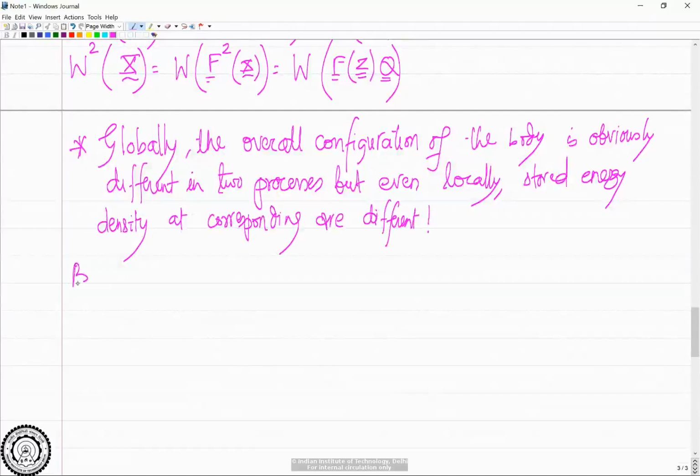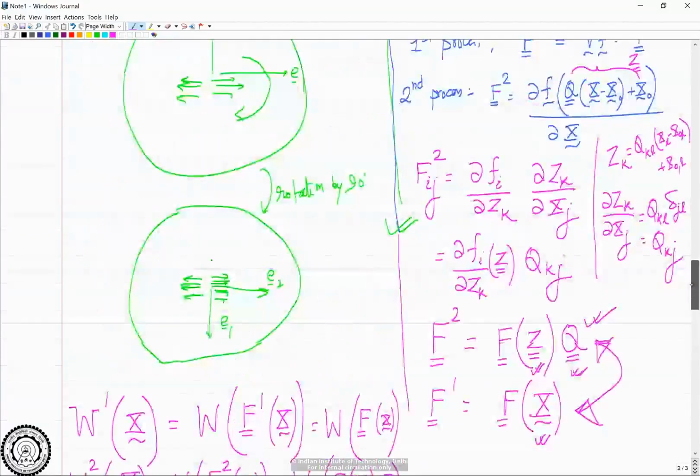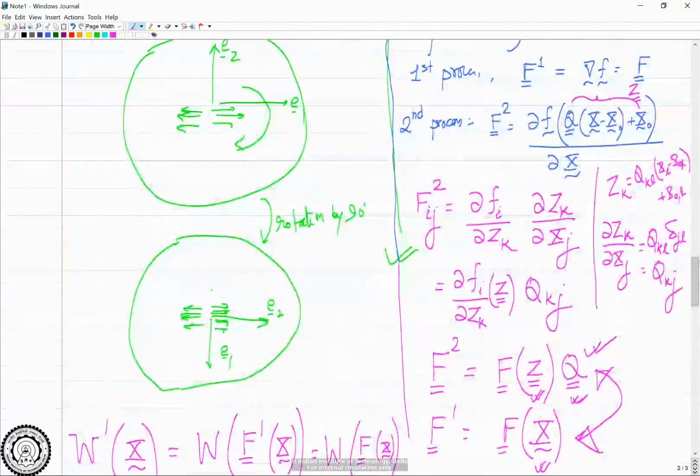But concentrate on the point x naught itself. Just at x naught. So what is F1 at x naught? That's simply big F of x naught. What about F2 at x naught? That's going to be big F of z naught into big Q. Now let us see what will be z naught. Using this formula, have a look at this formula.